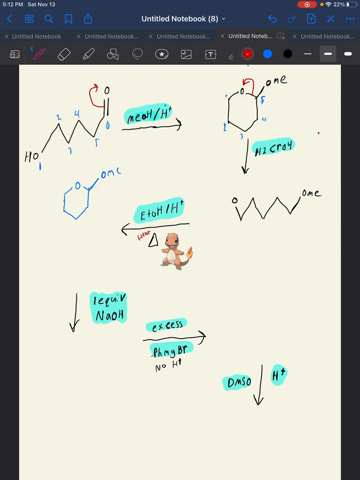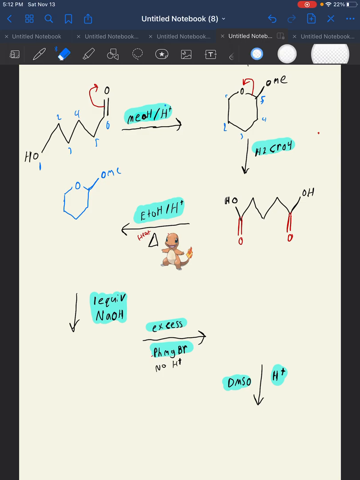And what this does is it will then oxidize these carbons, turning them into carboxylic acids, giving us this product right here.